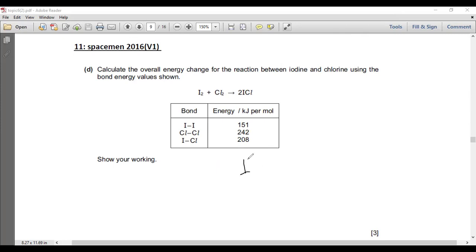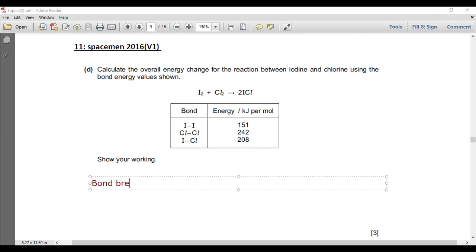If iodine hits chlorine to form a new bond, this is an exothermic process. So what is the summary?